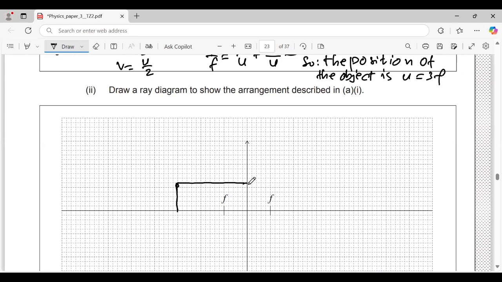Then through F, sorry, through F, okay. After that, the next ray. And this is the image. Okay, that one.